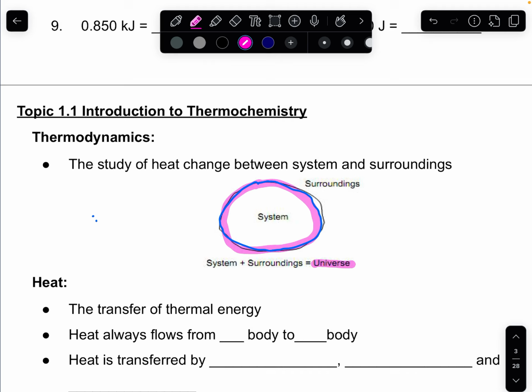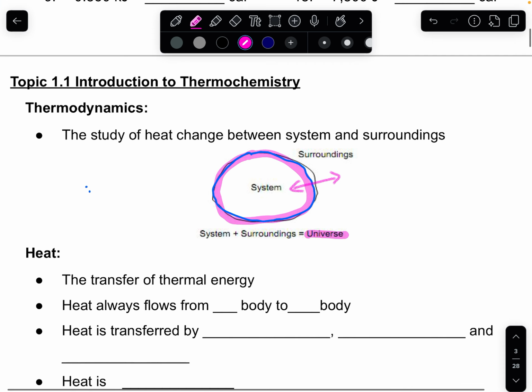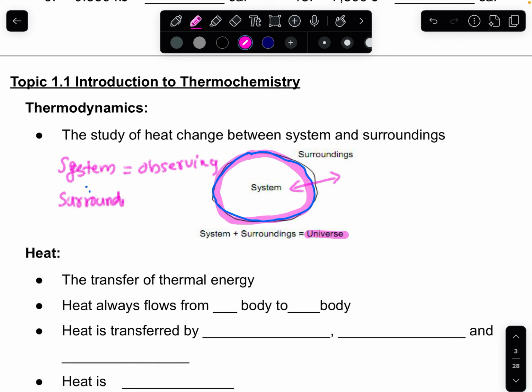Okay, so we are going to talk about how the energies are going from inside to outside, that is from system to surrounding or surrounding to system. Okay, so that's the first vocabulary you need to know, which is system. So the part of the universe you are observing, that is called system. And surroundings, everything other than what you are observing, is called surrounding.